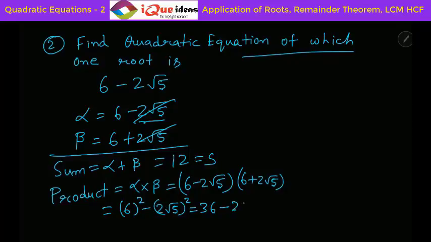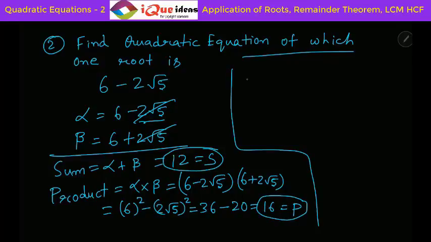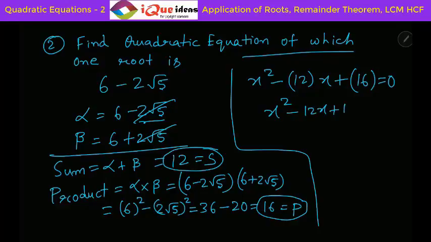So 4 into 5 is 20. 36 minus 20 is 16. So this is the product of roots. So we have our sum of roots as 12 and product of roots as 16. That means the answer can be given as x square minus the sum of roots, 12, into x plus the product of roots, 16, that is equal to 0. So straight away it is x square minus 12x plus 16 equal to 0, right? So this is the answer of this question.